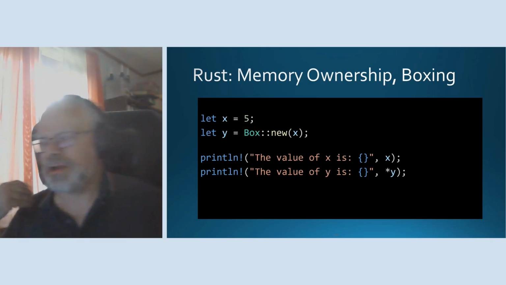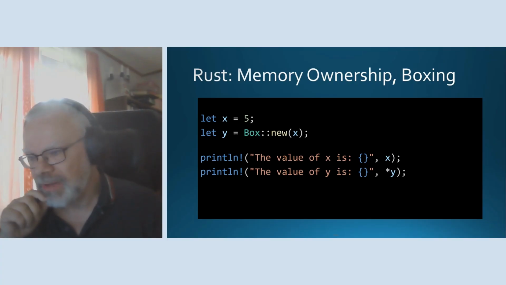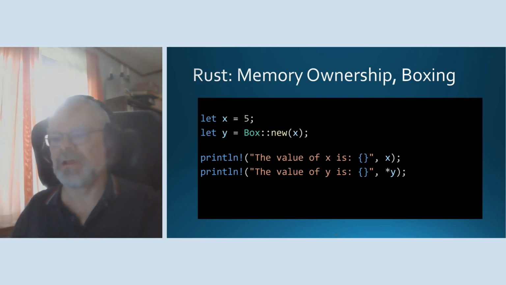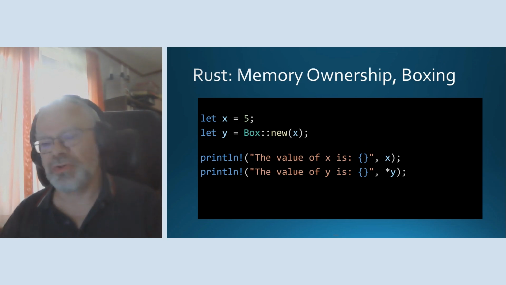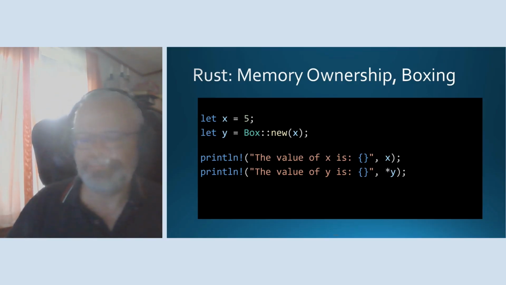And there's also another thing called boxing. You can box things, that is, you can allocate memory on the heap with something in. Here I allocate a box with an integer inside. And if I want to access the value of that box in the last line here, I have to use the star as give me the value of that variable.